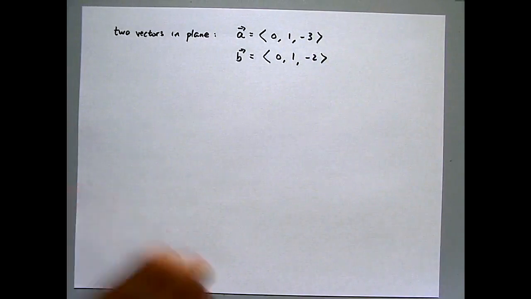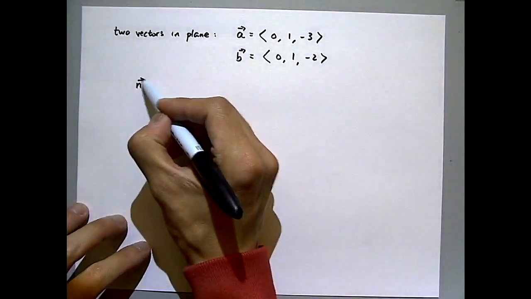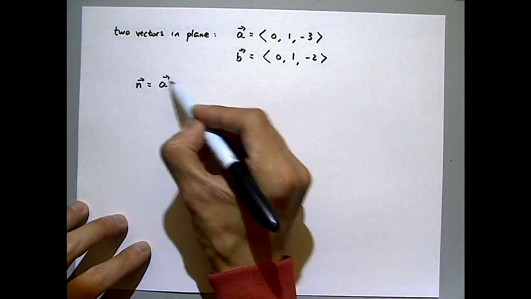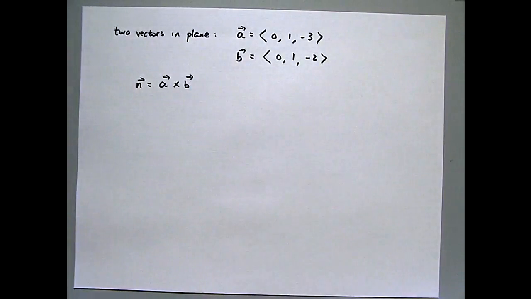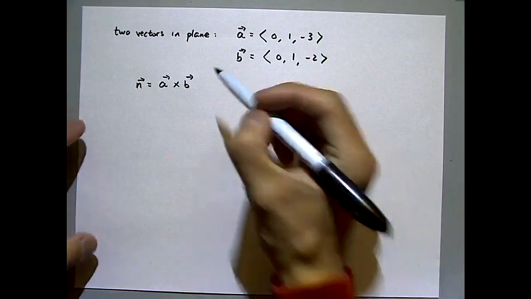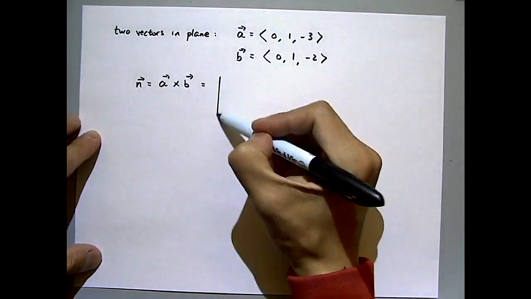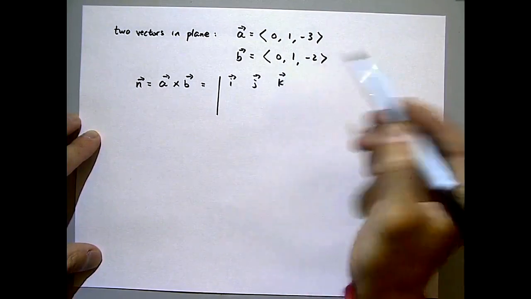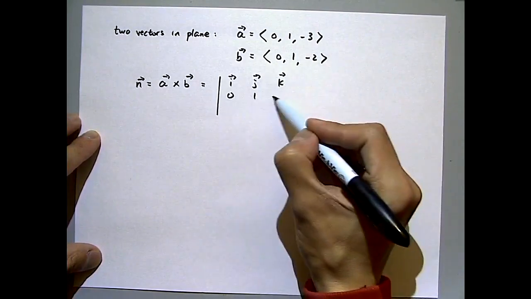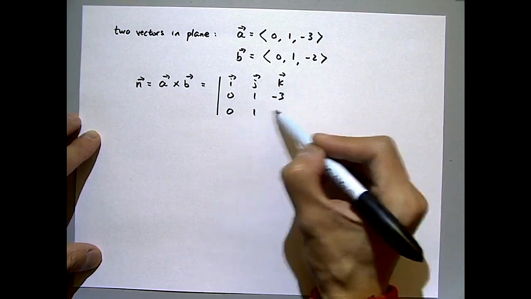A normal vector is going to be perpendicular to both of these. So the normal vector is simply A cross B. Can I do B cross A? Yeah, that's also a normal vector. They point in different directions. Either way is fine. And of course, you need to remember how to do the cross product.